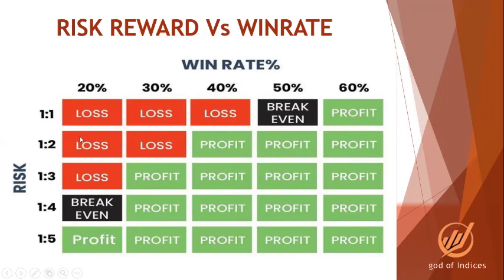Now, let's look at 1:2, which is a good place to be, right? If 1:3 is too high for you, you want to stick at 1:2. So for 1:2, you can see on the chart, if you have a 20% win rate, you'll not be making profit. You'll be losing money. If you have 30%, you'll be losing money.